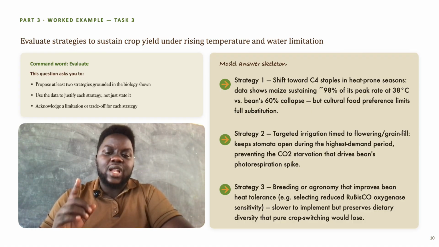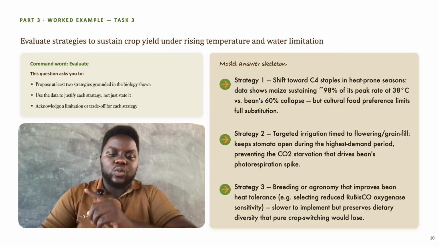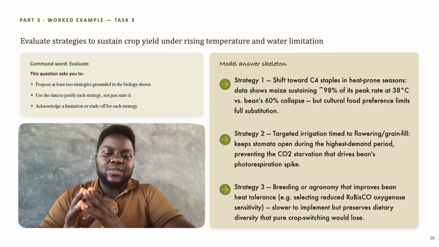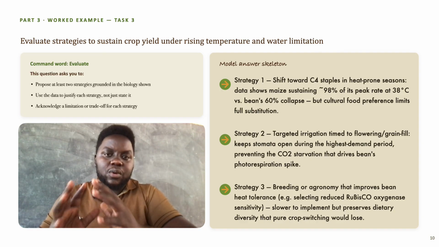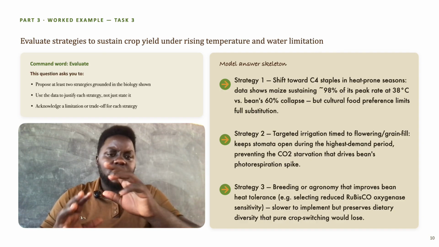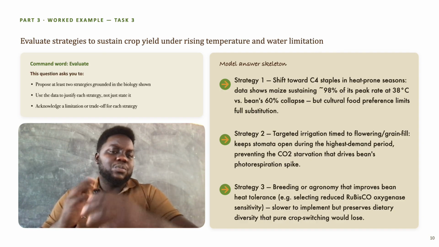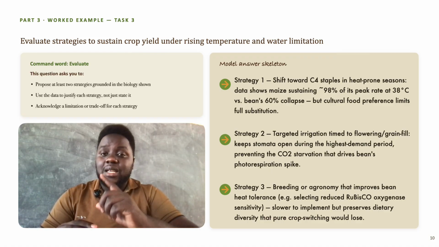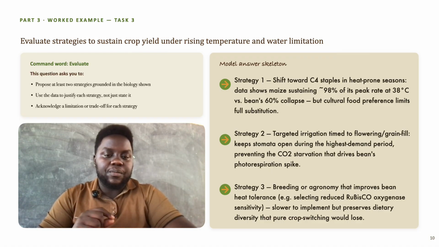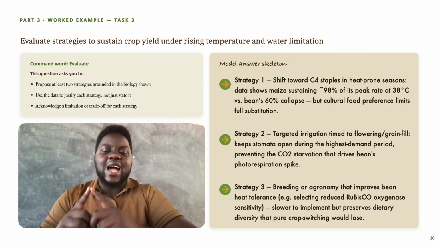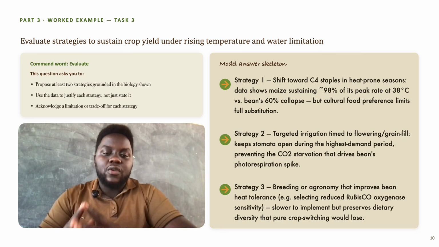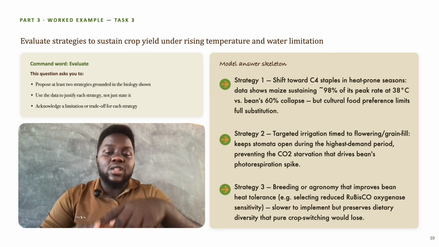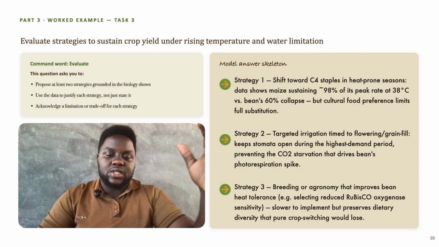This strategy has a real advantage that the first one doesn't have. It preserves diversity. Rather than forcing communities towards a single staple crop, we are saying, no, let's keep our food, but let's choose better varieties. But it has a limitation, and that limitation is time. Breeding programs take years, sometimes decades, to produce a stable, improved variety. So this is not a strategy that you can deploy this season or even the next season.